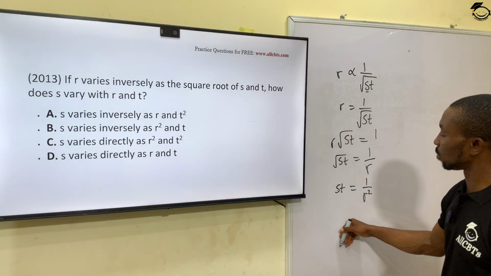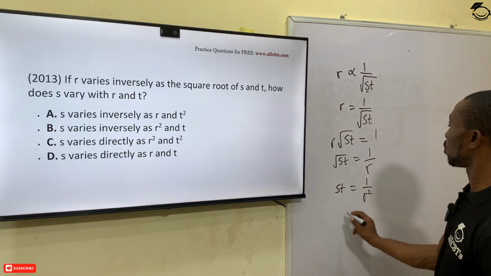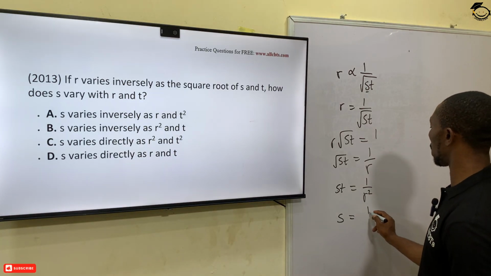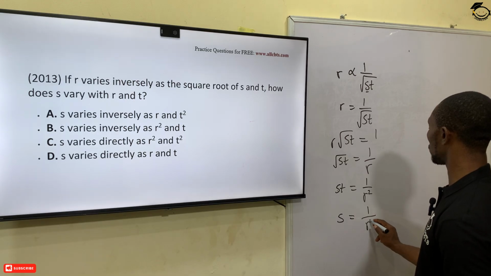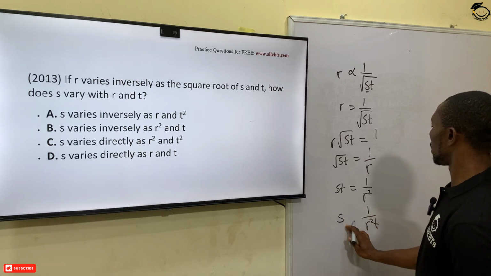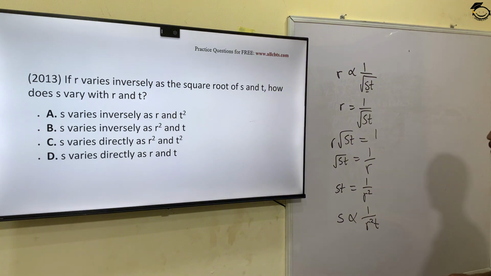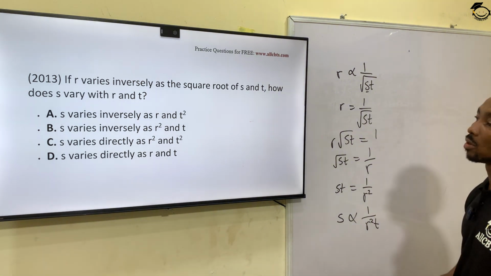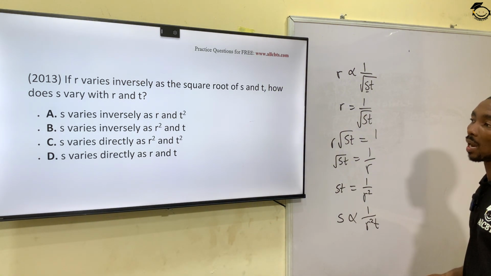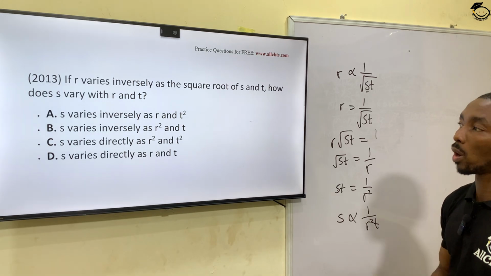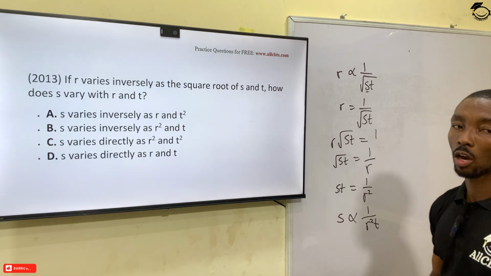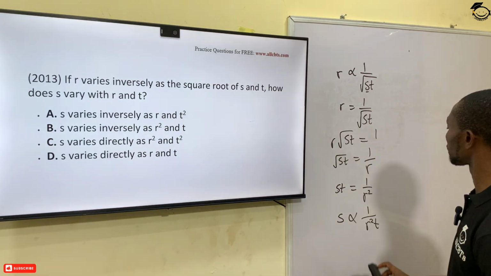So dividing both sides by T, we have S equals 1 over R squared T. That means S varies inversely as R squared and T, which is our option B.